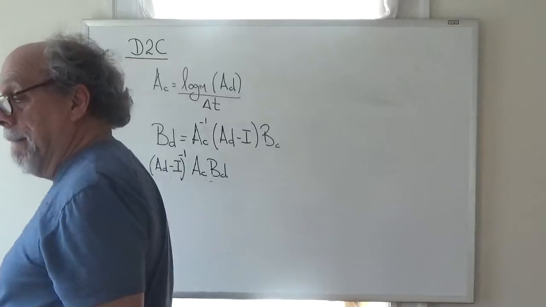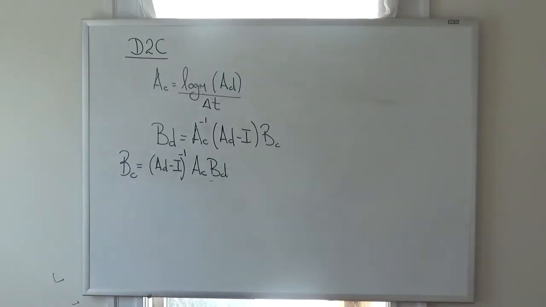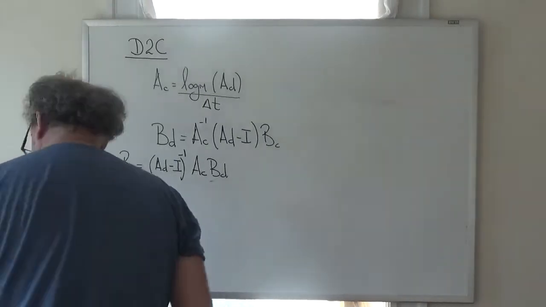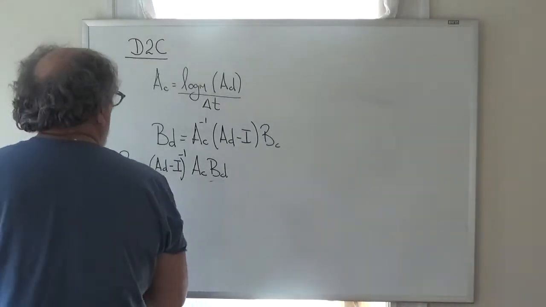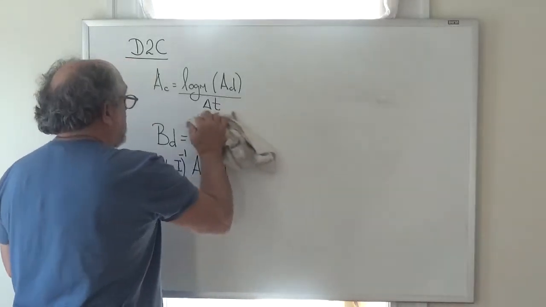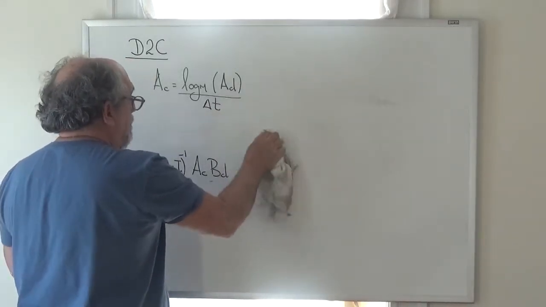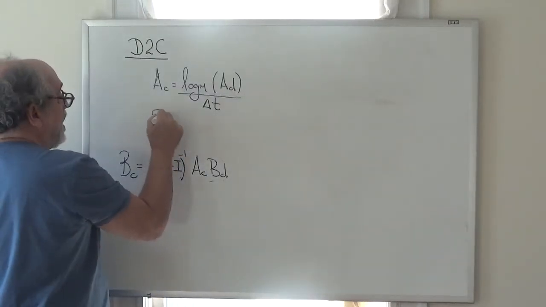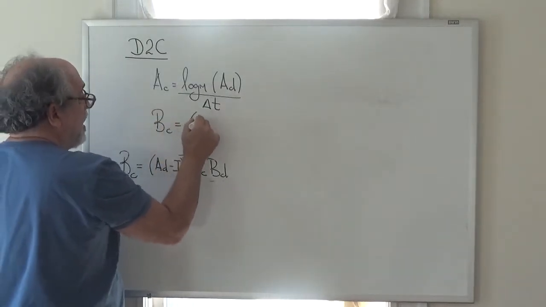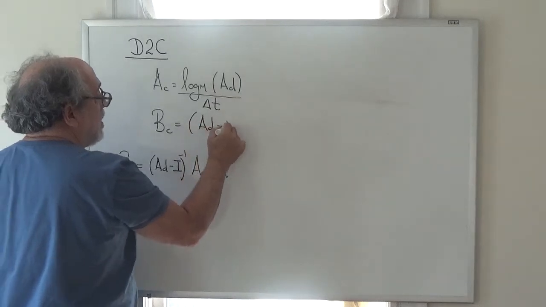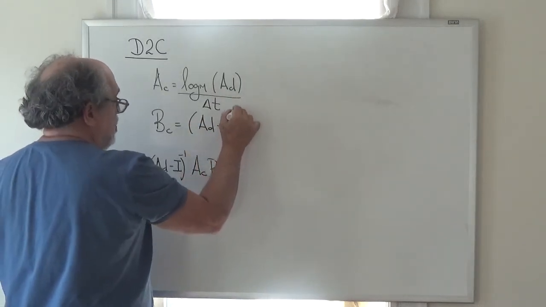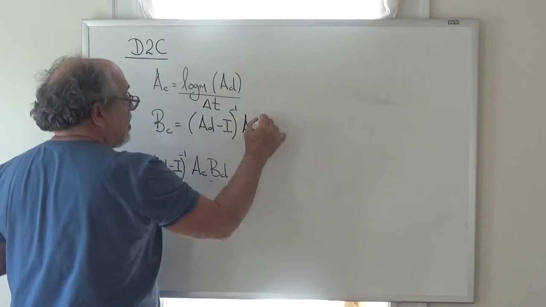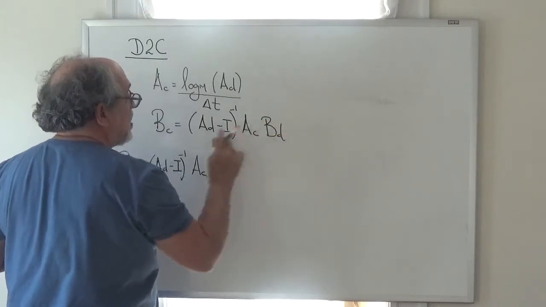Okay? Now, I'm just looking to see what I did here. Okay, correct. So now I'll erase this and put this more clearly here. B continuous equals A discrete minus the identity to the minus 1 times A continuous times B discrete.